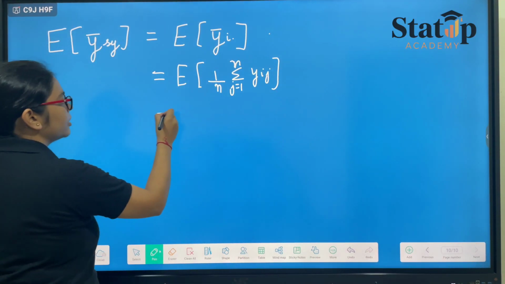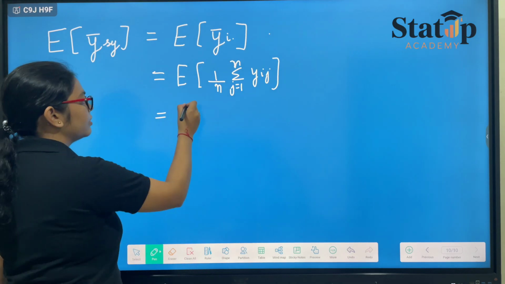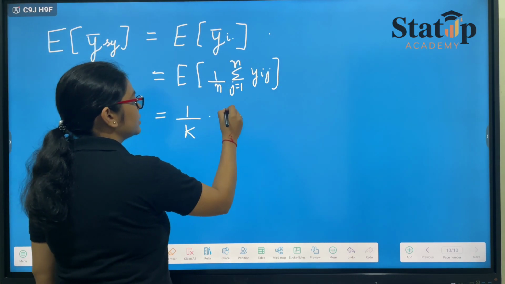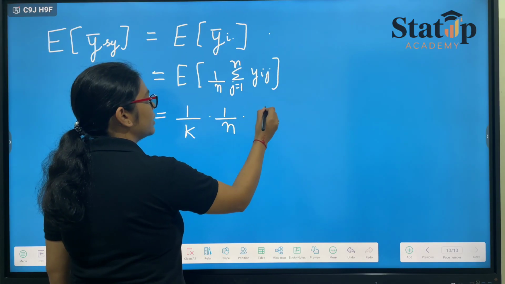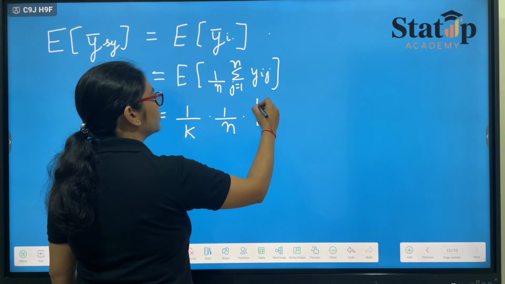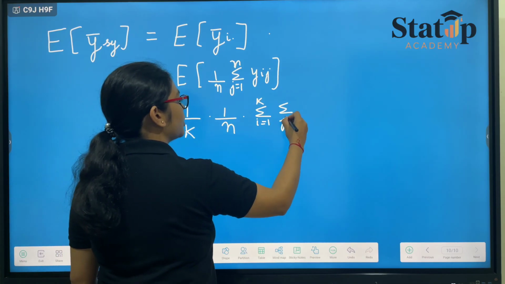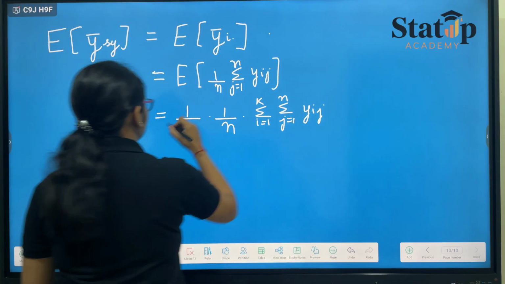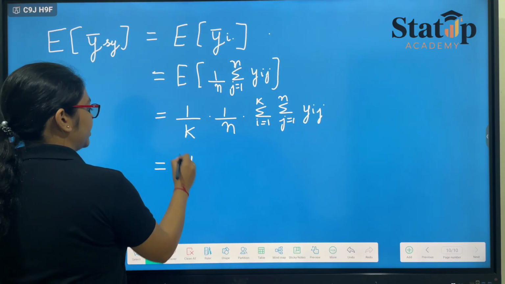So the expectation will be, the probability of selecting the ith sample is 1 upon k, and this will be 1 upon n into summation i goes from 1 to k summation j goes from 1 to n Yij. Now this whole formula is nothing but capital Y bar.